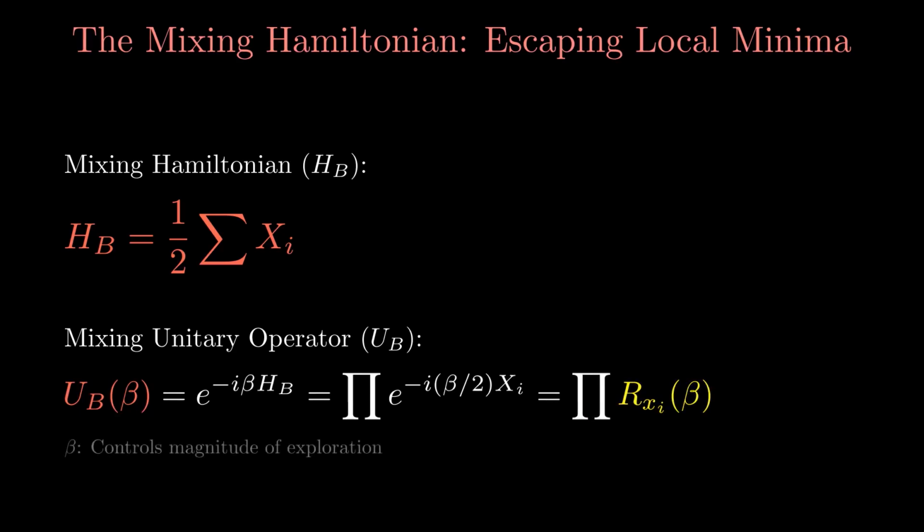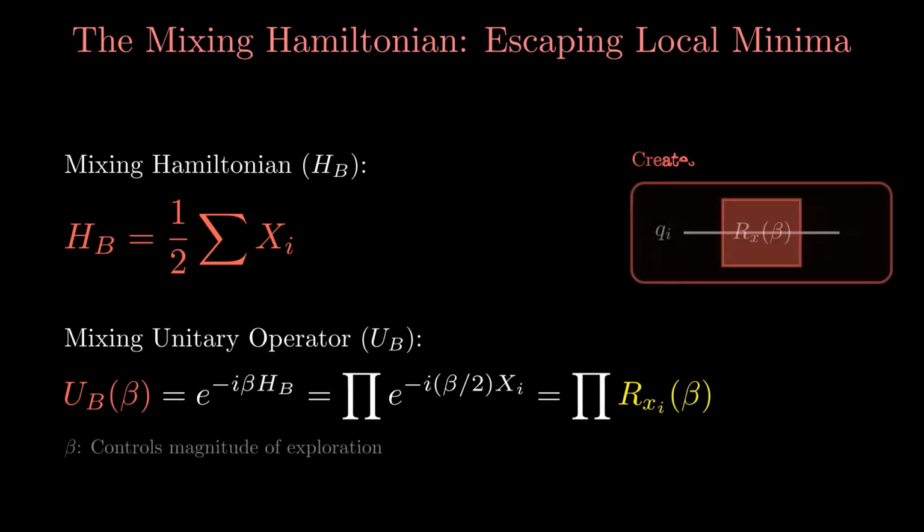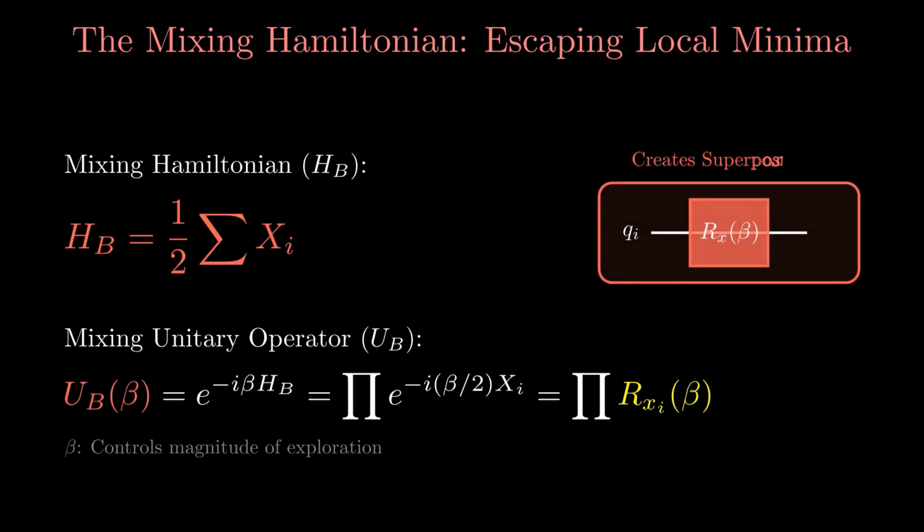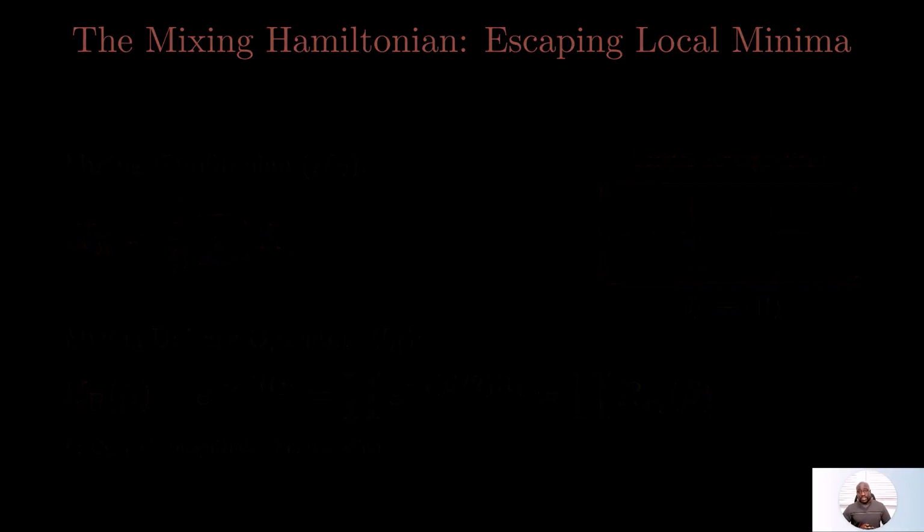By varying the parameter beta, this operator dynamically manipulates the quantum state across the entire qubit space, thus enhancing the algorithm's ability to explore and optimize effectively. Think of it this way. HC tries to find low energy states, solutions to our problem. HB prevents us from getting stuck.